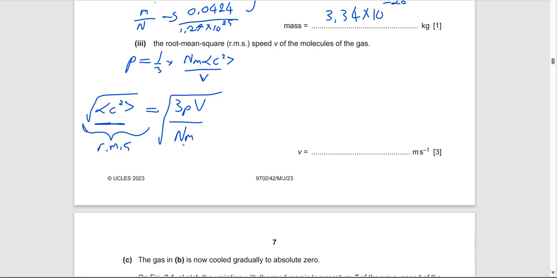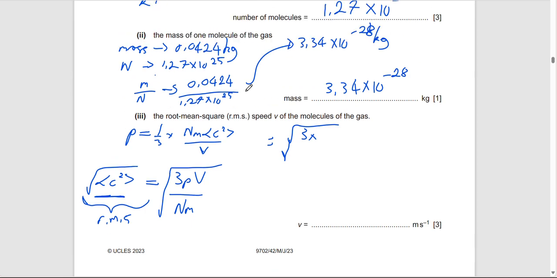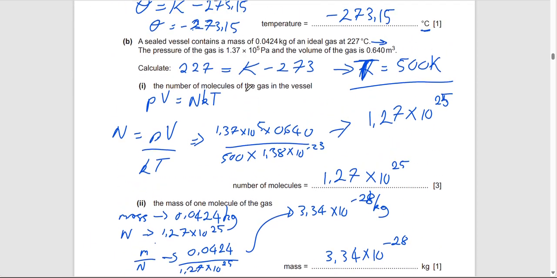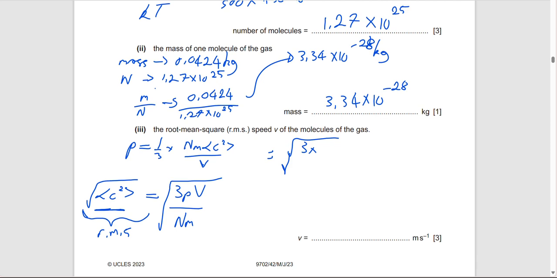We know that, remember, NM, number of molecules multiplied by mass of one molecule. Remember, the M here is mass of one molecule, and then multiplied by the total number of molecules, that gives us the mass of the gas. And we do have the mass of the gas, so we can just substitute those values in. 3 multiplied by the pressure, 1.37 by 10 to the 5, multiplied by the volume.